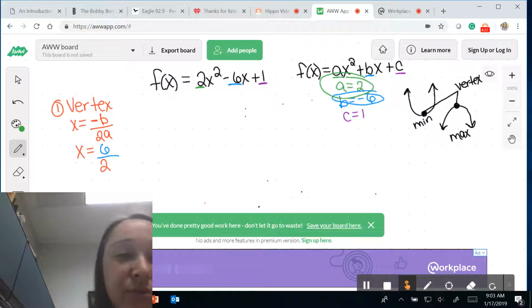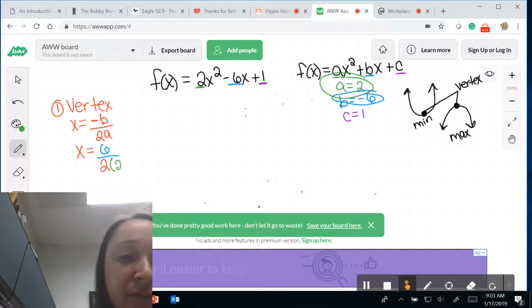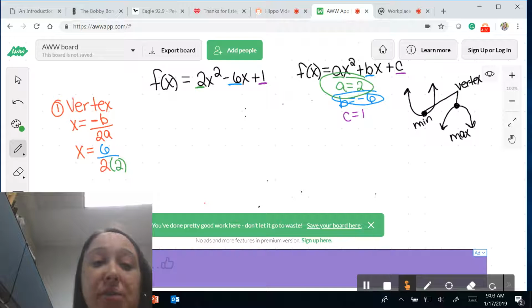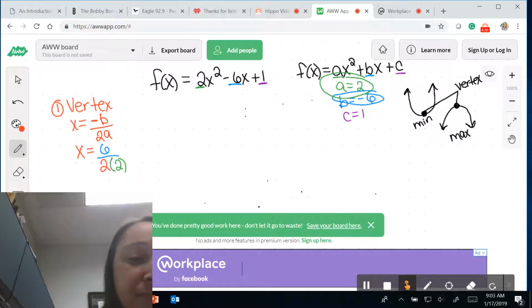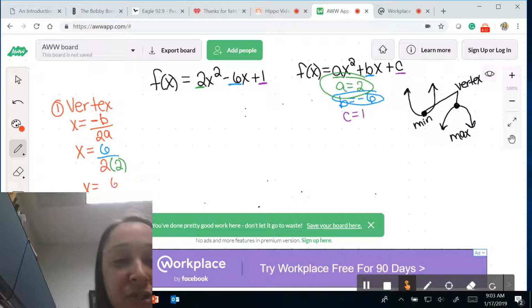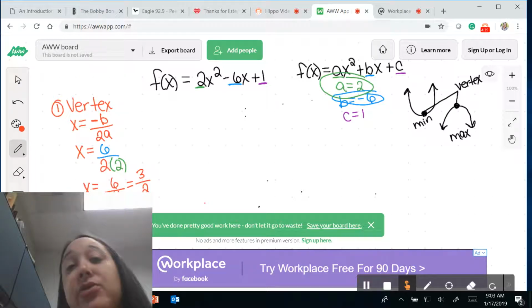My a is equal to 2, so it's 2 times 2. Now if I simplify that, x is equal to 6 divided by 4, which is equal to 3 halves when we reduce the fraction.